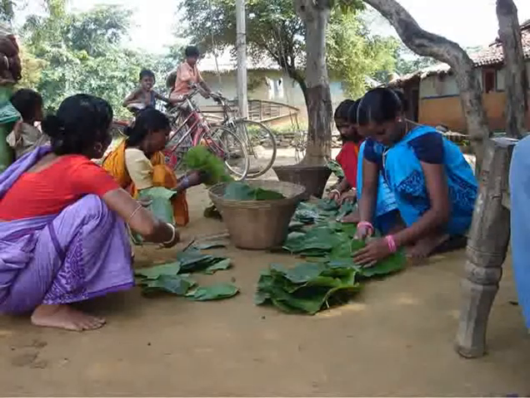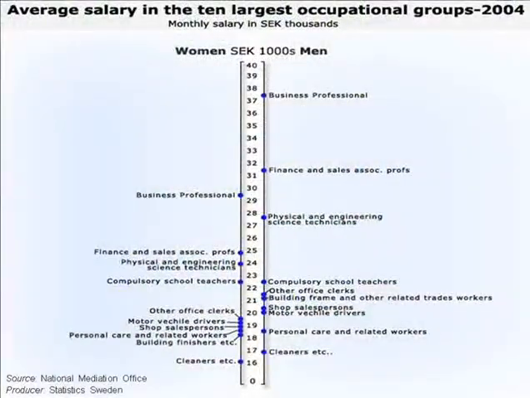This is well illustrated in another Swedish example. The graph shows on the left side the average monthly salary of women for the 10 largest occupation groups, and on the right side the average salary of men for the same groups. Results show that in 8 out of 10 most common occupational groups, women on average earn less than men.